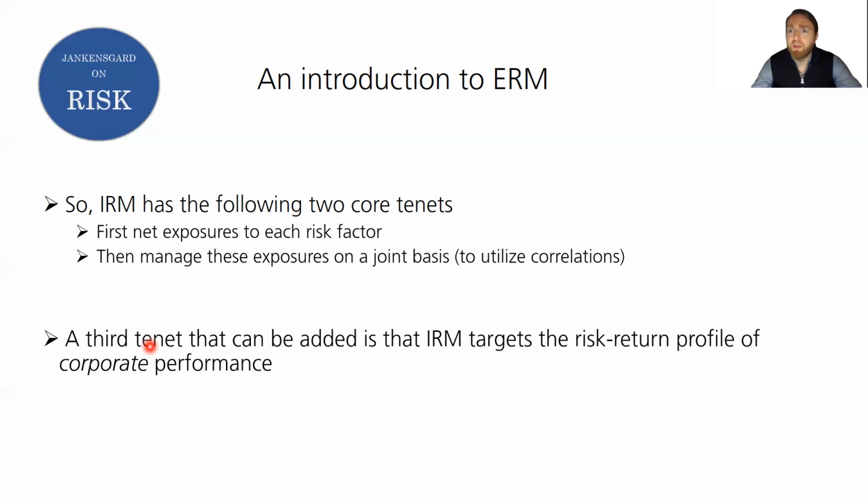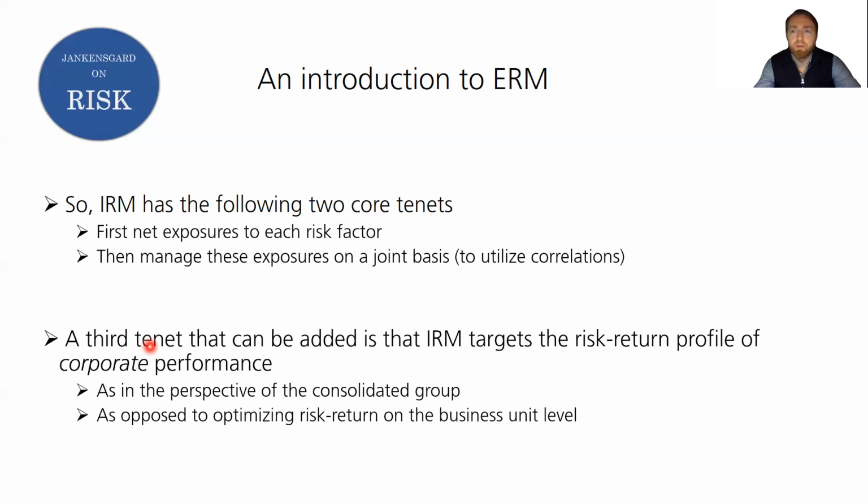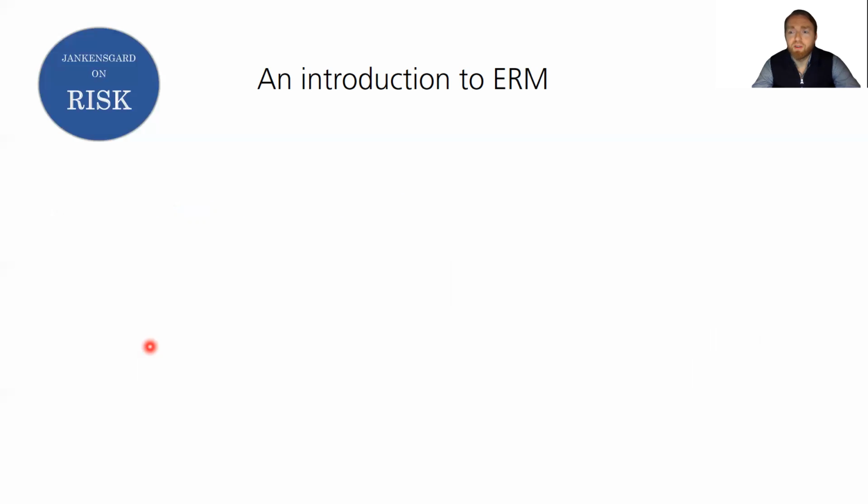You're not addressing the risk return characteristics of each of the stocks in the portfolio, let's say. The same thing here, we're interested in the firm as a whole, creating value on that level, and we're not seeking to optimize the risk return profile of different units or something like that. So that's also important to remember here, right? We're looking for the best interest of the firm as a whole.